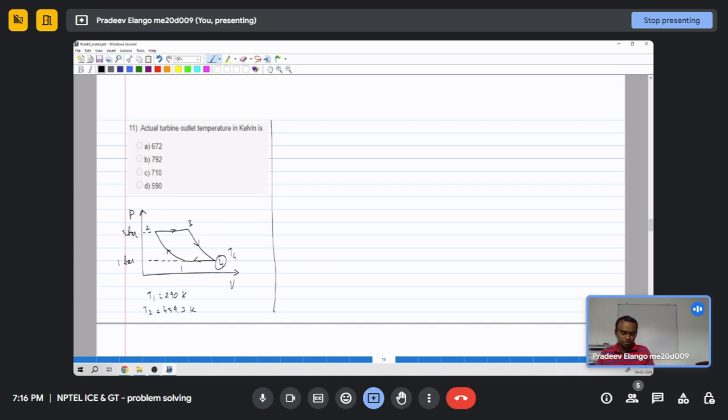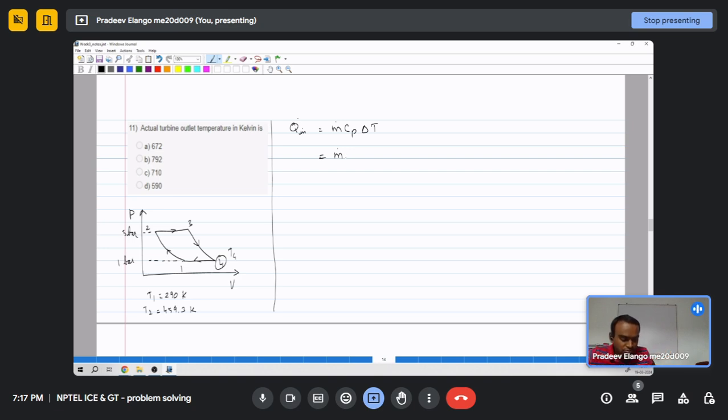So how do we calculate the temperature at state 3 after combustion? So we know Q dot in is m Cp delta T. After combustion it is both fuel and air that come into the picture.